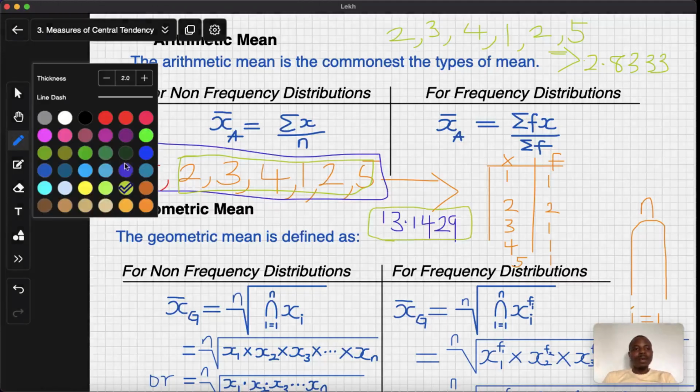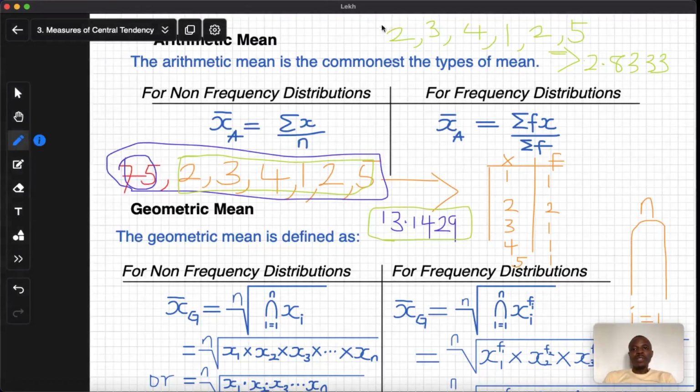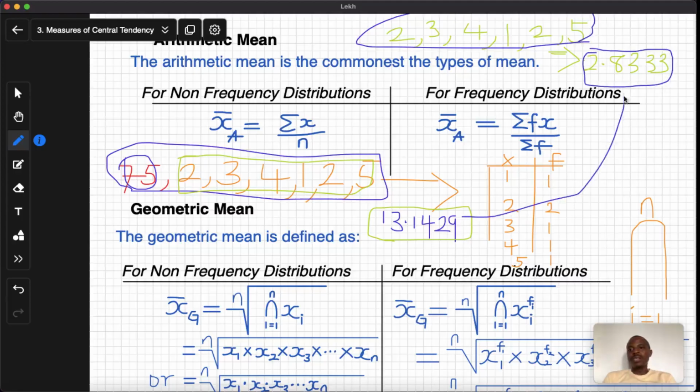However, the mean of all these numbers, without putting 75 this time around, will give us 2.833. Now you see that the difference between 13.1429 and 2.8333 is very large.